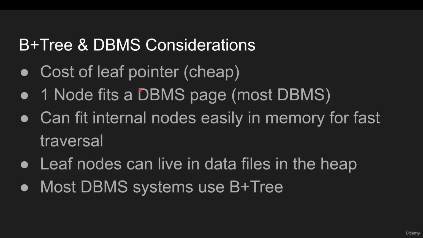One node fits a DBMS page, as I discussed. Most DBMSs do that. You can also fit internal nodes easily in memory for fast traversal, because the nodes are now tinier, I guess, right? You can fit a lot of elements in these internal nodes.